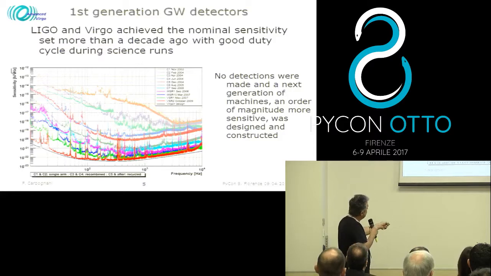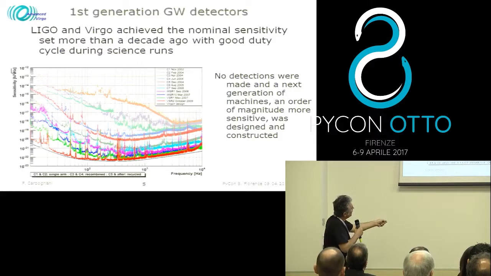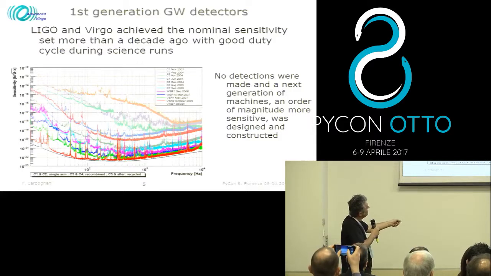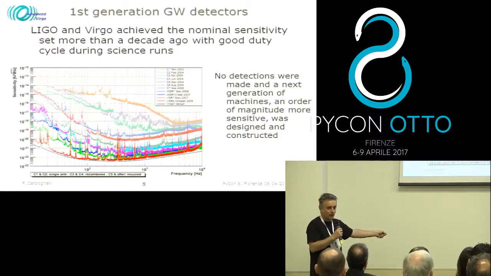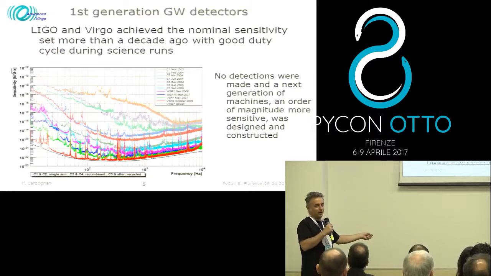Apart from these graphs, what is really important are the dates. I would like to stress that it took us from 2003 to 2011 at the end of the story to reach the sensitivity we were targeting. This is the time it takes to get this machine running.